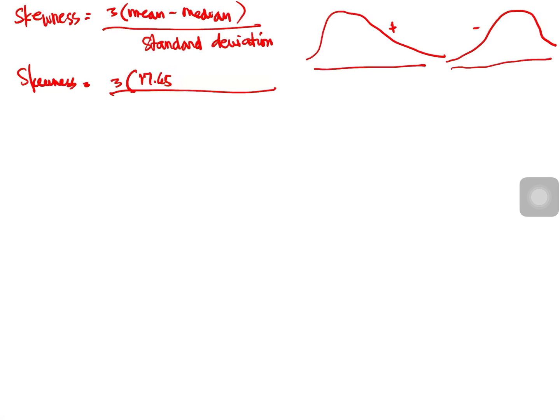So the mean is 17.52, minus the median of 15, divided by its standard deviation, which is 11.72.